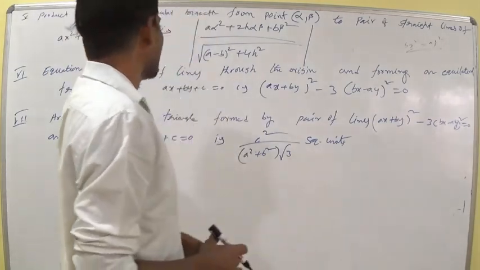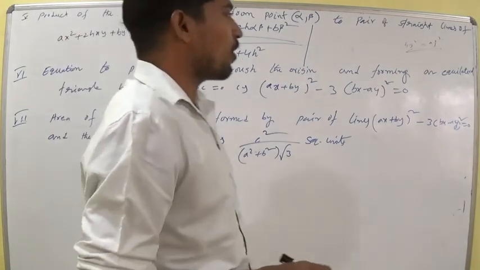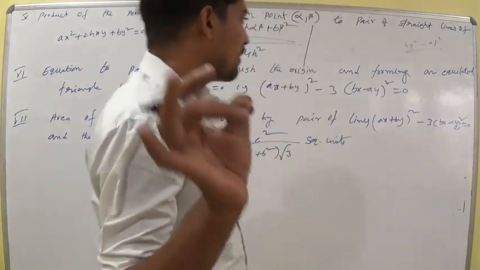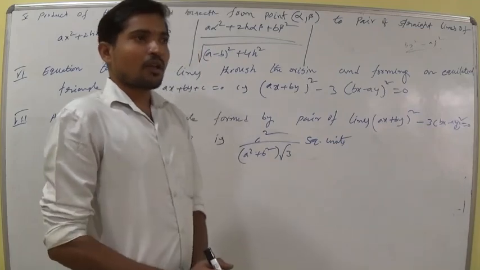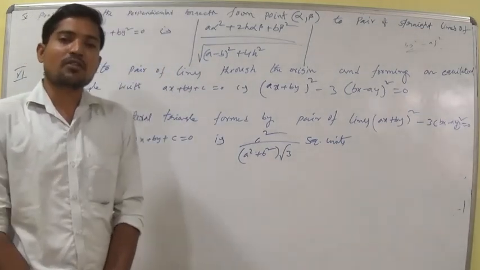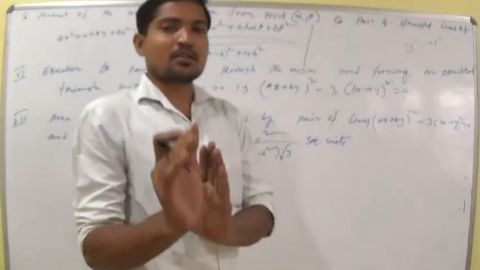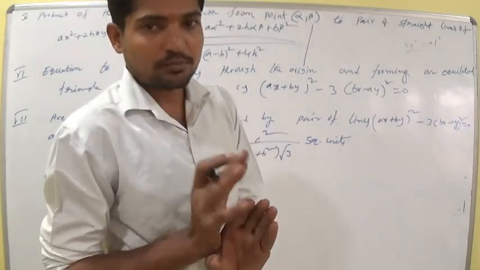Next one is the equation of the pair of lines through the origin and forming an equilateral triangle with ax plus by plus c equal to 0 is (ax plus by) whole square minus 3 into (bx minus ay) whole square equal to 0.